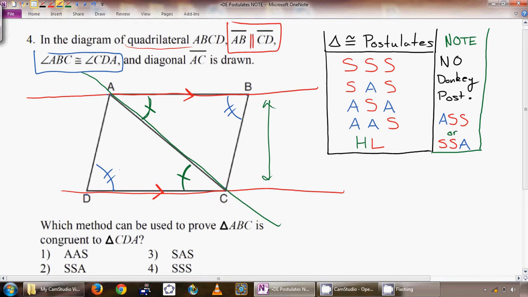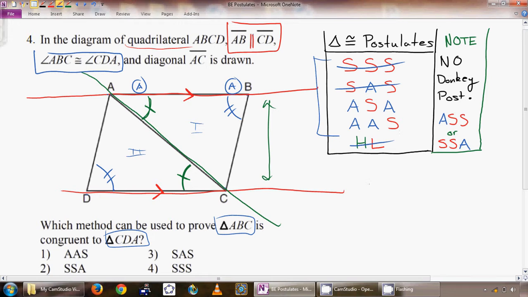And they want me to show that this top triangle is congruent to this bottom triangle. And I know I'm looking for one of these 5 postulates that's composed of 3 facts. Given that I've got an angle and an angle already, I'm going to rule out anything with 2 sides or that doesn't have 2 angles.